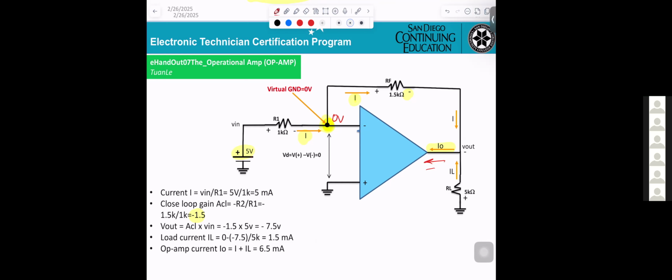So the first thing we can do is calculate the current I. Current I, you can see you get only 5 volt going to R1, and this side will be the ground. Okay? So that's why by Ohm's law, you can say 5 volt divided by R1. That's how you get the current I.